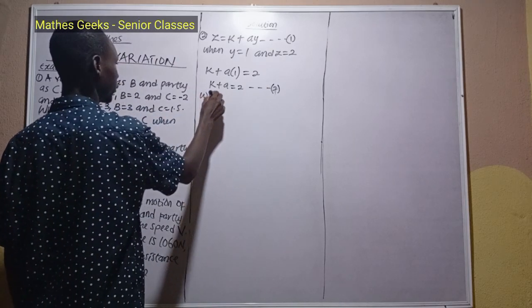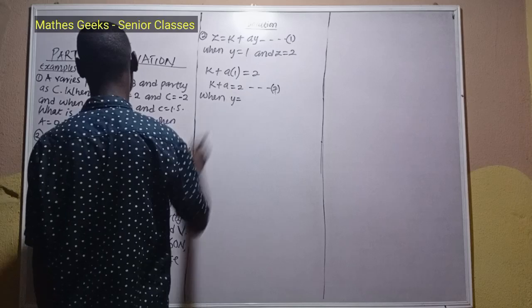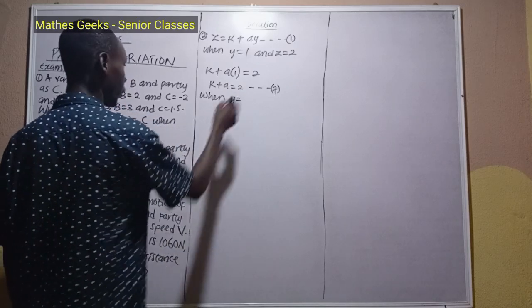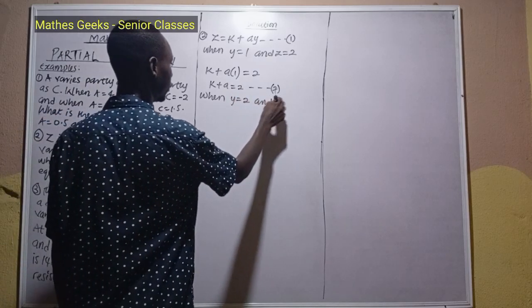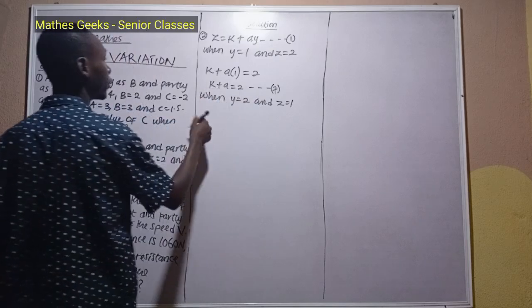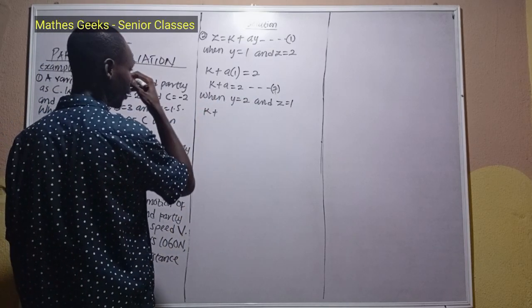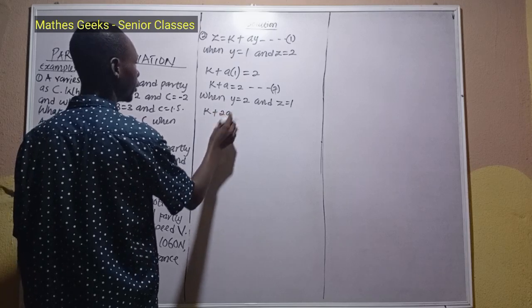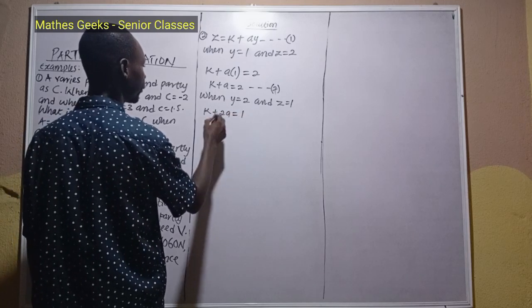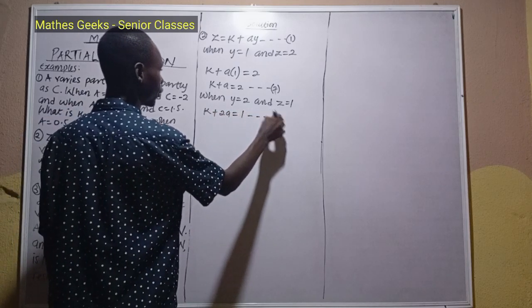And when y is equal to 2 and z is equal to 1, the equation becomes k plus 2e equal to 1, equation 2.